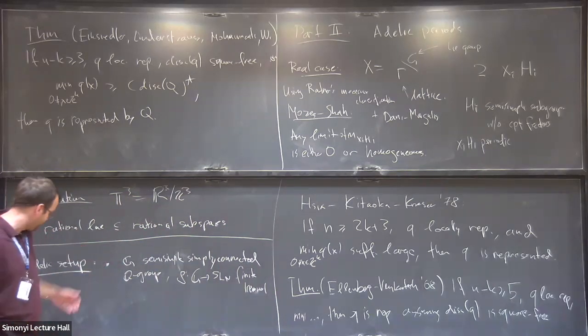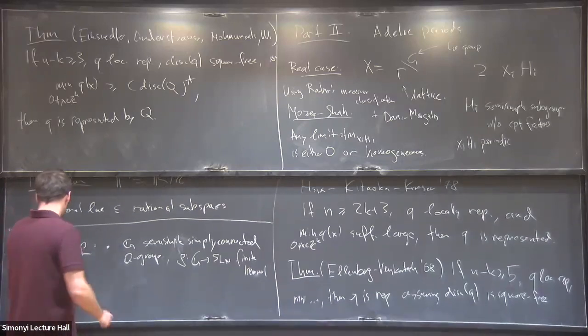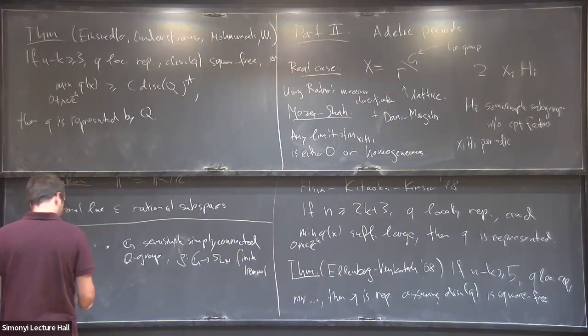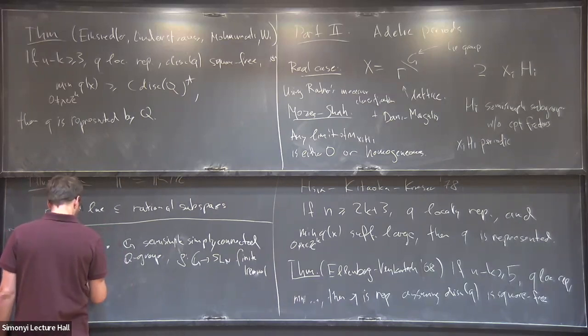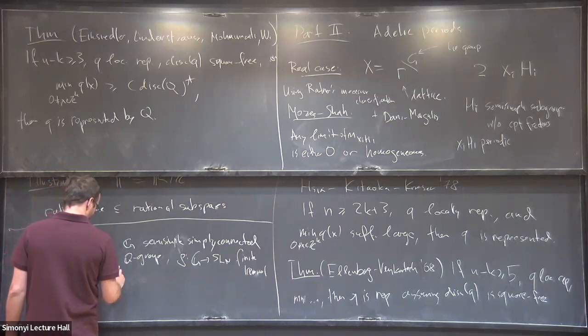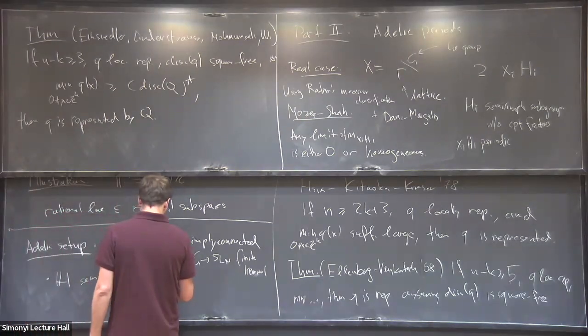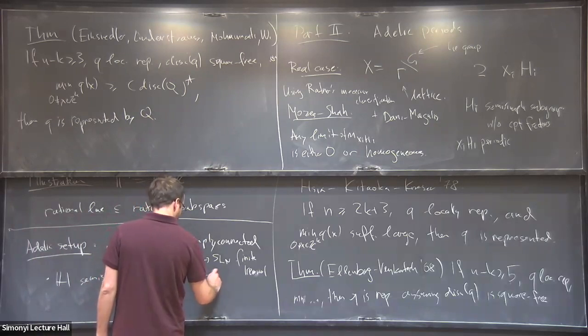So you should think of this as being the ambient group in some sense, and then there is another group, H, also semisimple and simply connected.